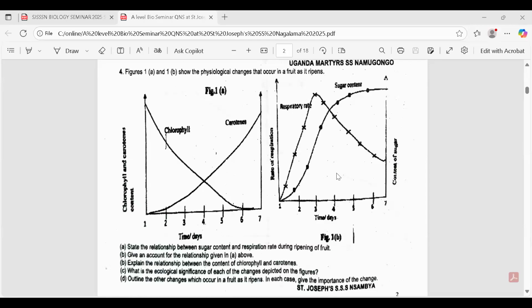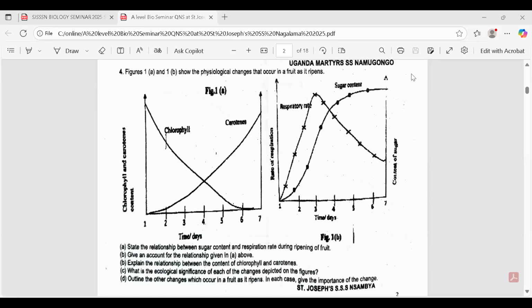And then in figure 1, part B, we have respiratory rate increasing with time, after which it reaches a peak and then decreases. And then you have the sugar concentration increasing and then leveling off towards the end of the experiment. I see the people are straining to have a look at this.